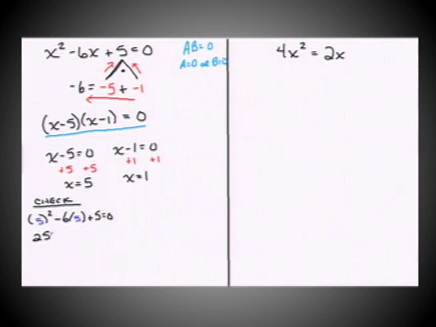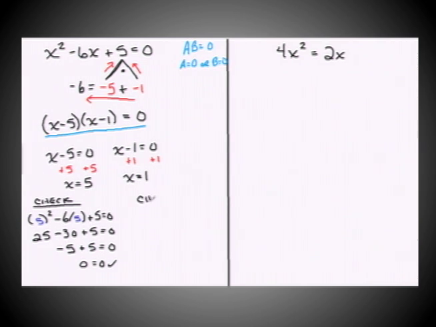Negative 6 times 5 is negative 30. And then I'm adding a 5 onto the end there. If I combine those first two constants on the left-hand side, I get 25 and negative 30 make negative 5. And then adding that to positive 5 gives 0. So we can safely say that 5 is a solution to this quadratic equation.